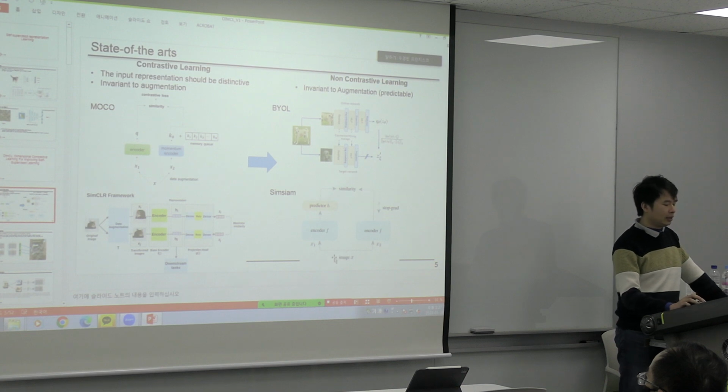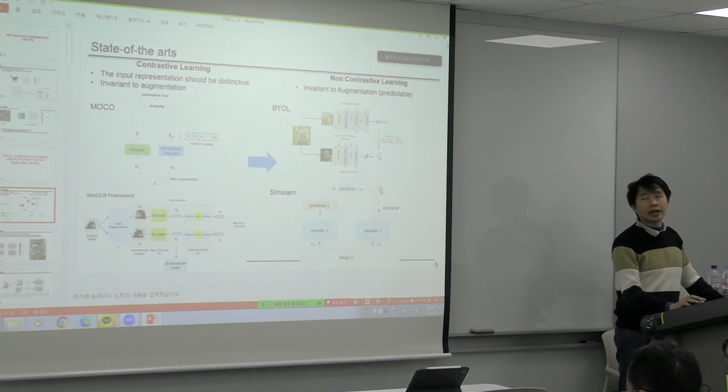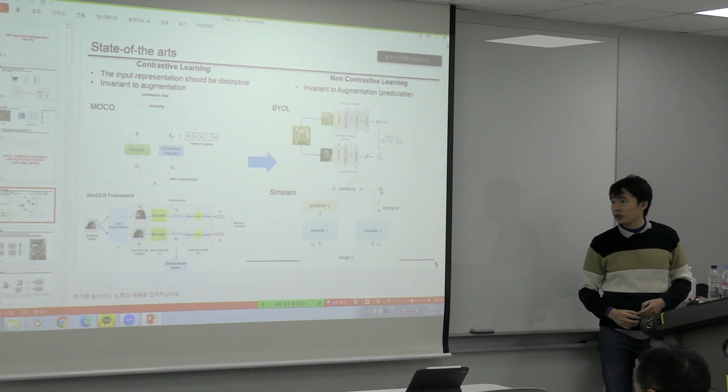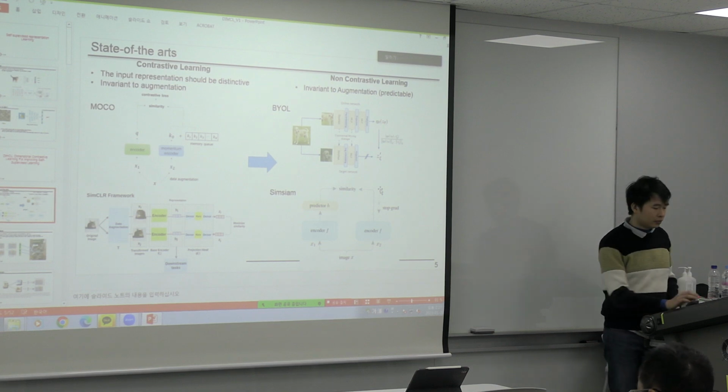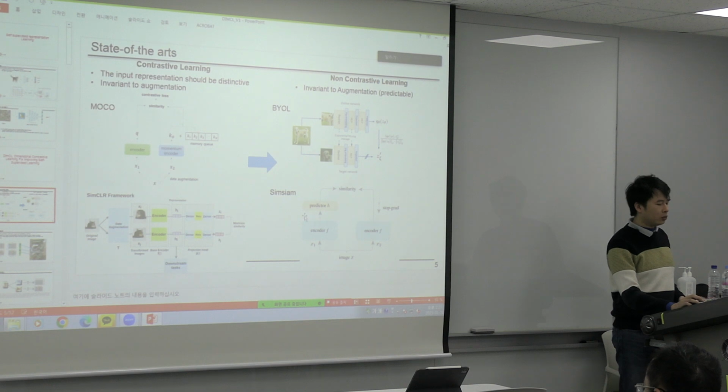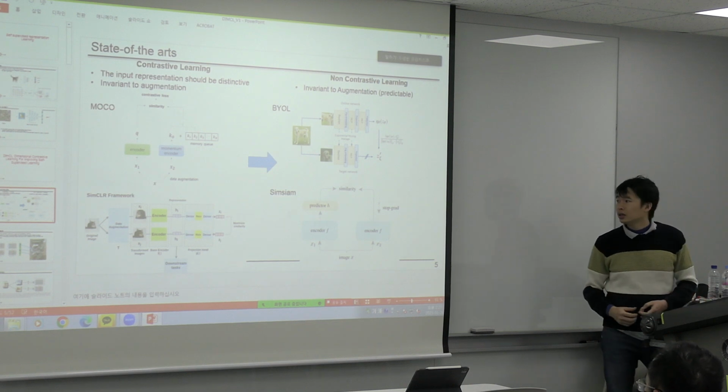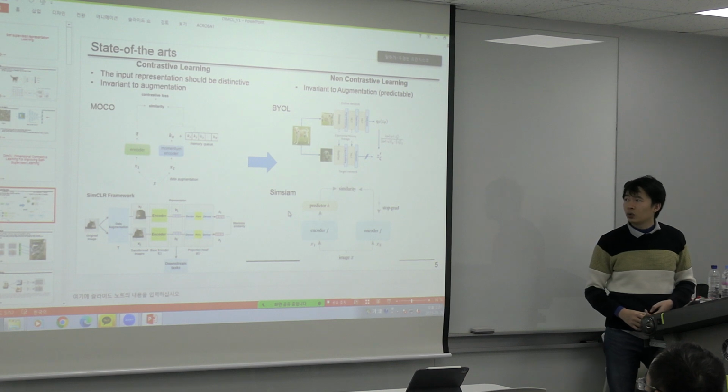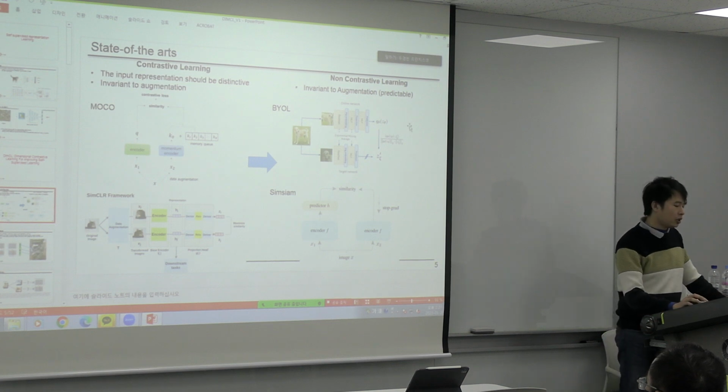They remove the exponential moving average scheme, the copy encoder scheme here, and they just use the stop gradient, and they can still learn a reasonable result from this framework. But anyway, SimSiam has low performance, so we will consider BYOL. BYOL here is the state-of-the-art method.